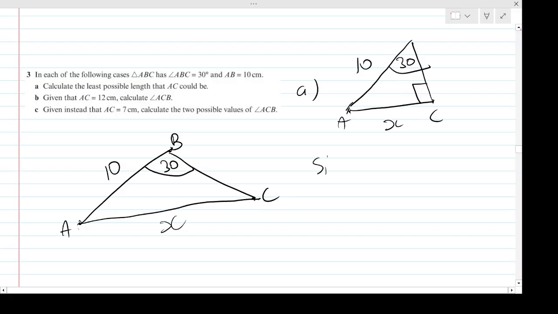So sine of the angle 30 is going to equal opposite, which is x, over the hypotenuse, which is 10. Therefore x is 10 times sine 30, which is going to be, well, sine 30 is a half, so that'd be 5. Okay, so there we are then. And that is the shortest length it can be when it forms basically a perpendicular or a right angle triangle.